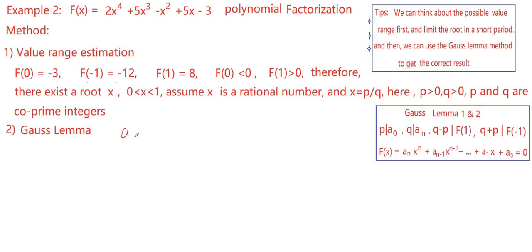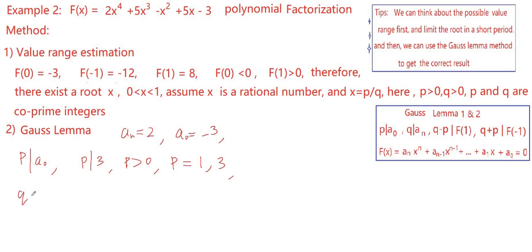So a_n is 2, a_0 is minus 3, and p divides a_0, and so p divides 3, and p greater than 0, so p can only be 1 or 3.